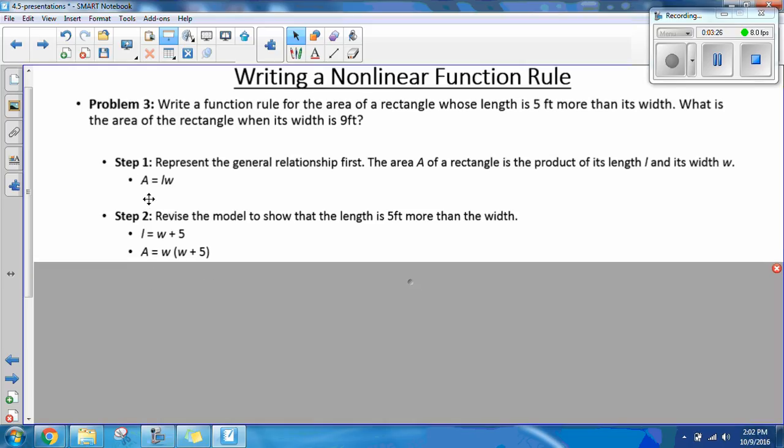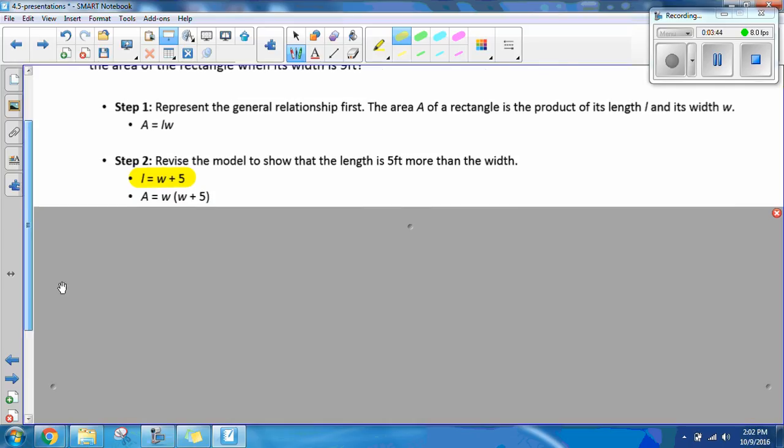So instead of A equals L times W, we can write A is equal to W, the width, times the length, which we can replace by our new expression. W plus 5 is replacing L up here.